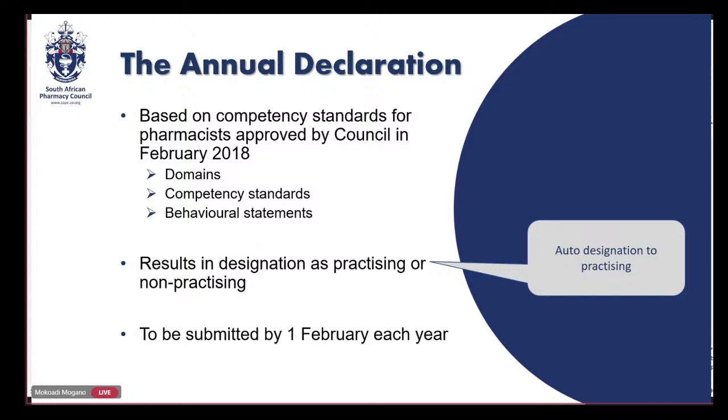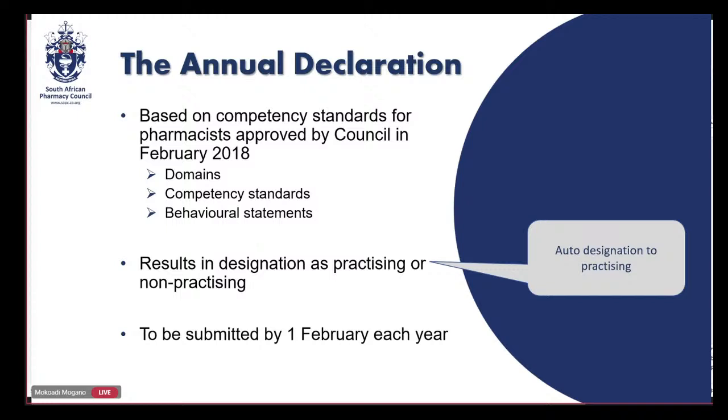The annual declaration must be submitted by all pharmacists by the 1st of February each year. Should a pharmacist fail to submit the annual declaration by the 1st of February each year, Council will auto-designate that pharmacist as practicing, depending on their compliance status in the previous year.